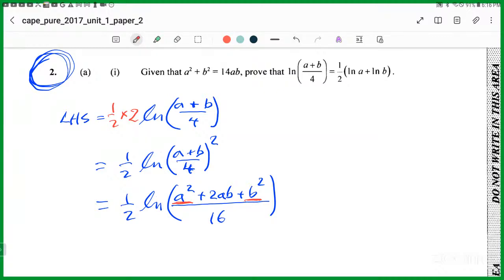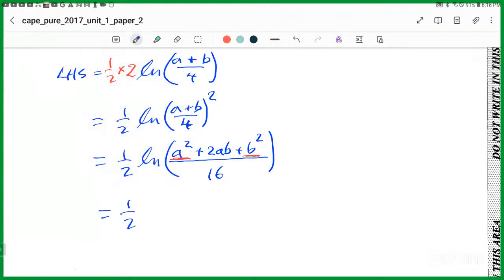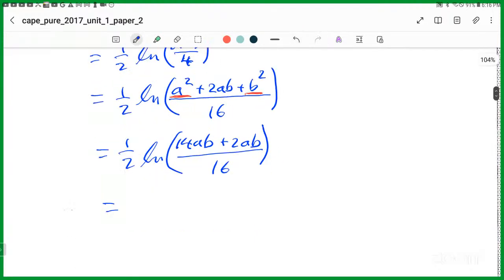All right, so this then becomes half ln of 14ab plus this 2ab, all over 16. Now this 14ab and this 2ab is 16ab. So it becomes half ln of 16ab over 16. And the 16s cancel.